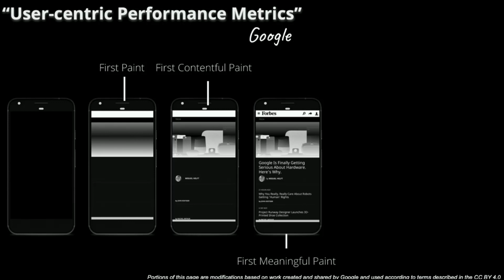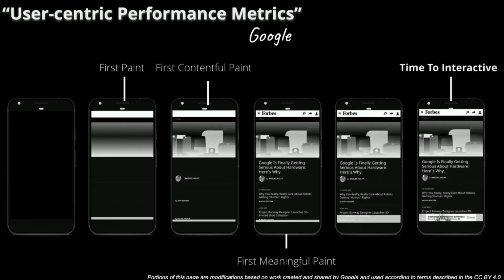This is probably the most important point in time, because it's the one that reduces the anxiety in the user. So what we're trying to do with server-side rendering is reduce the time for first meaningful paint, creating the perception of speed. And finally, the last one is time to interactive, and that is when the browser is able to execute JavaScript.